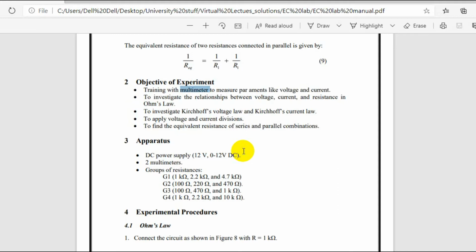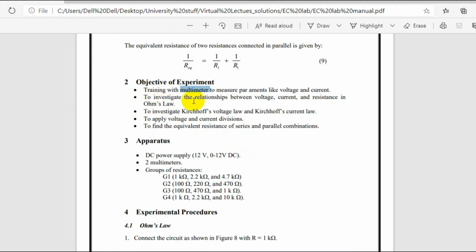To measure voltage we need a voltmeter, to measure current we need an ammeter, to measure resistance we need an ohmmeter. When all these functionalities are combined together, that is called a multimeter. So you can evaluate or calibrate voltage, resistance and current with the help of a multimeter.